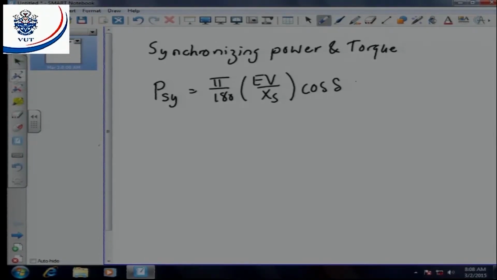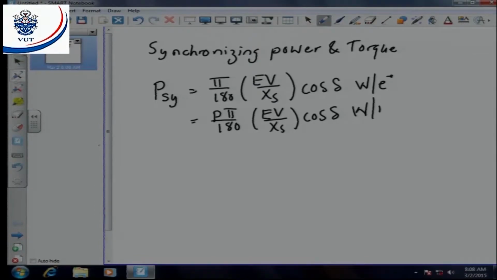This is watt per electrical degree. If we want to change it to mechanical, that becomes P pi over 180 EV over X_s cos delta watts per mechanical degree, where P is your number of pole pairs.